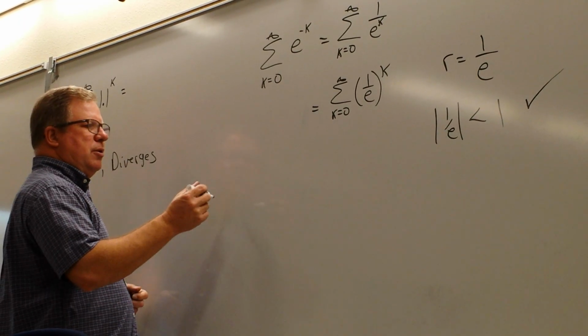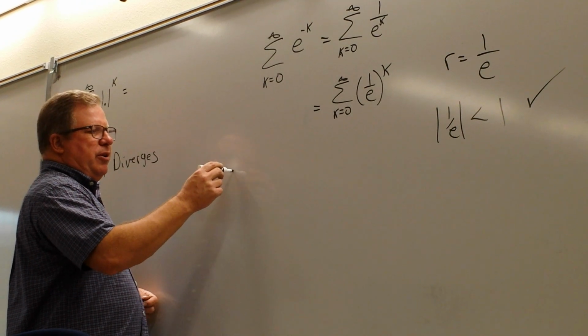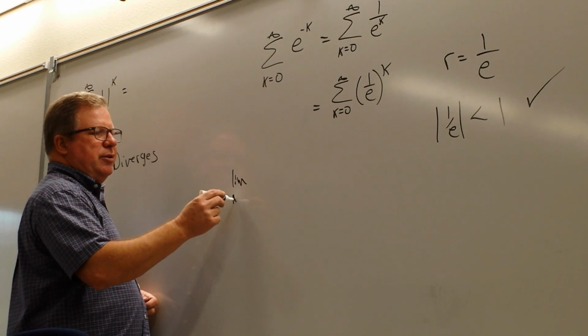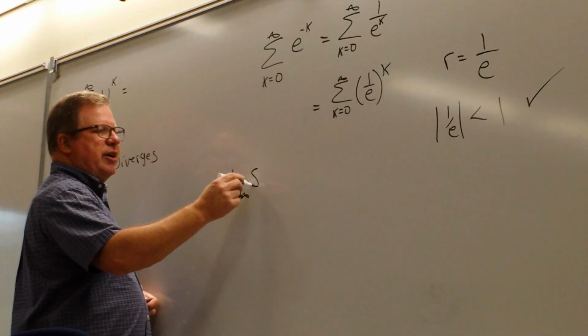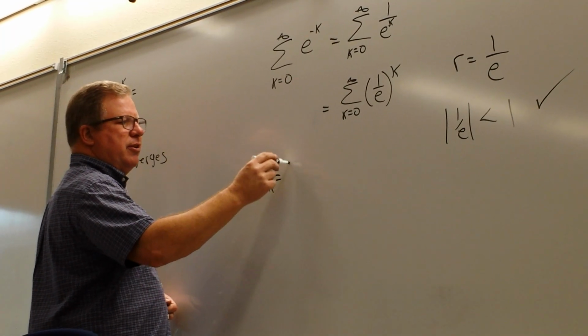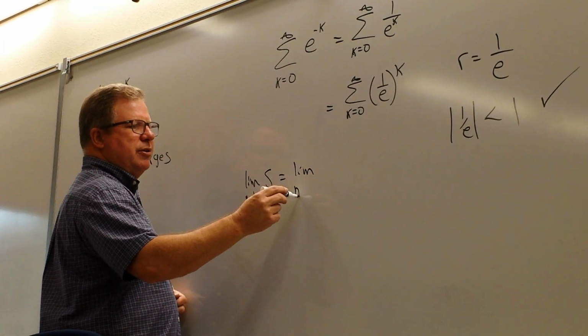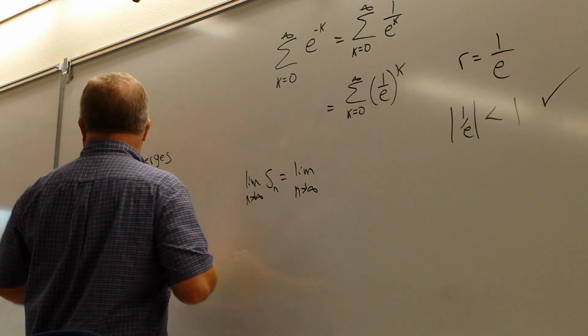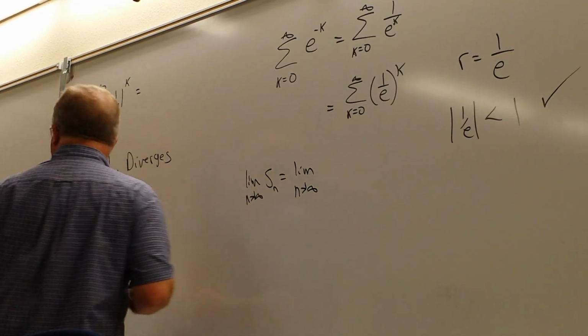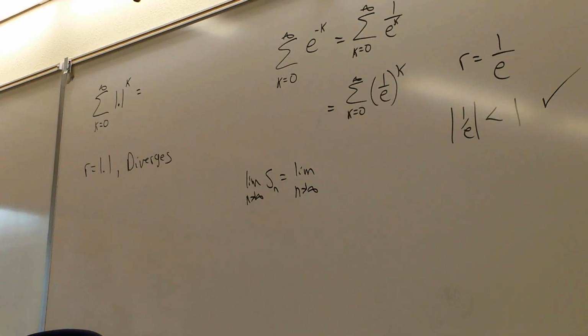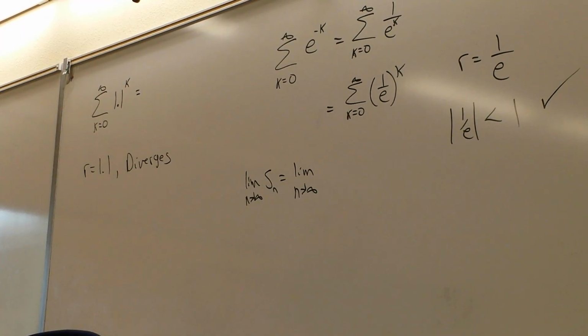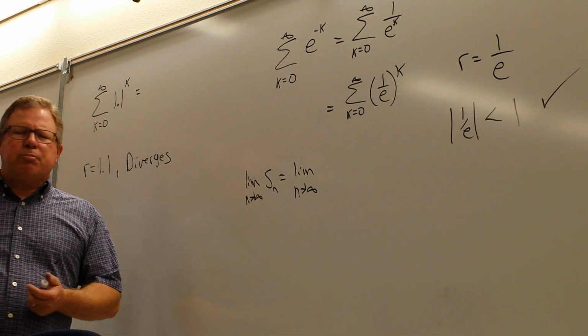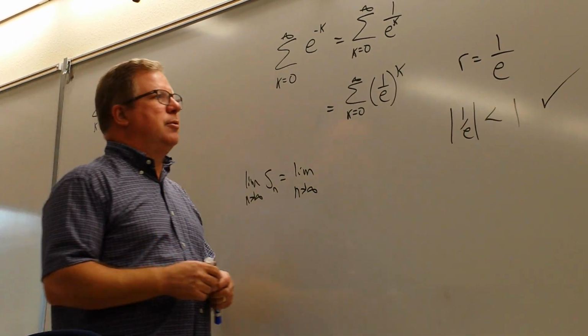So, the limit as n goes to infinity of s of n will be the limit as n goes to infinity of a. What is a? A is the first term in the series.